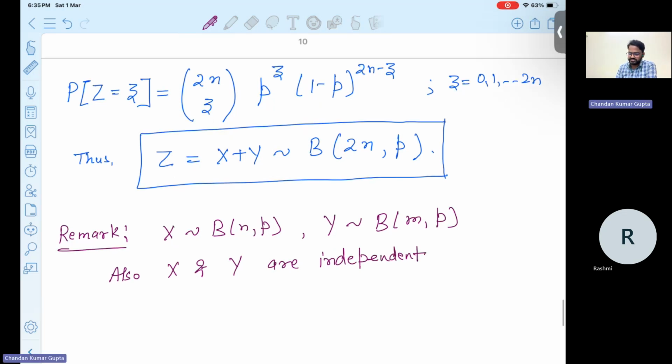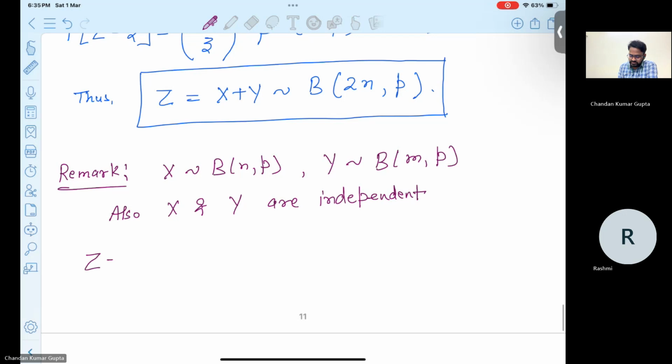Then in that case, the transformed variable z, which is x plus y, again follows a binomial distribution with parameters n plus m and p.